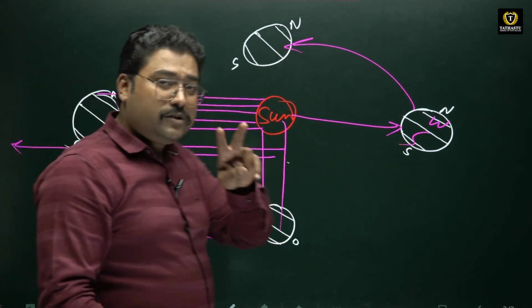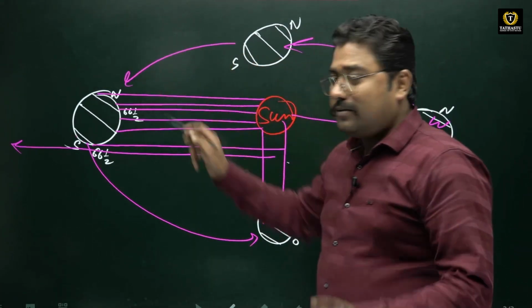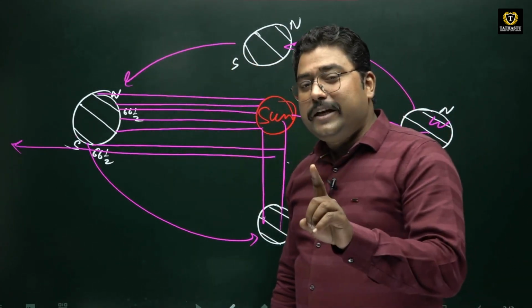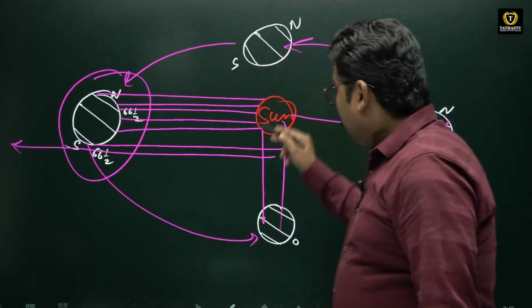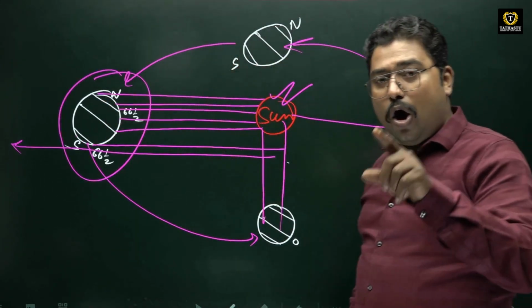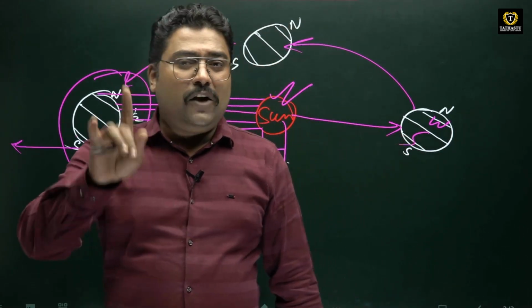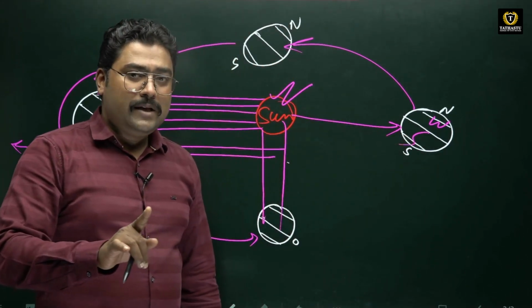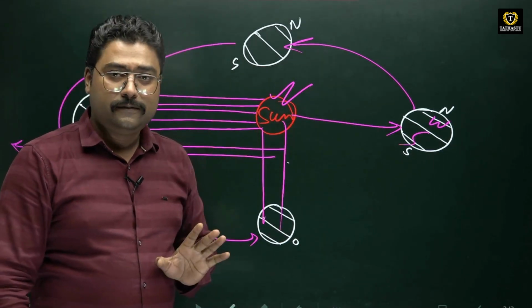So two things, again I am reminding you: the season on earth is changing due to the revolution of the earth around the sun on its tilted axis, and the length of day and night is due to the tilting of the earth on its axis.